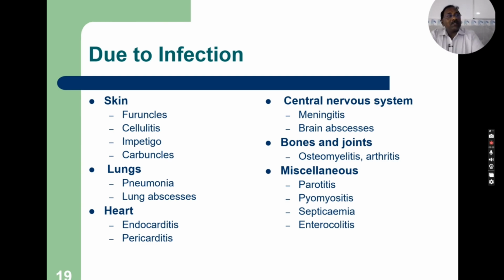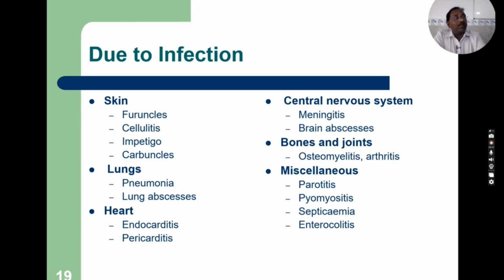In the central nervous system, mostly meningitis and sometimes brain abscesses, raised intracranial tension, maybe death is also there because of uncontrolled brain abscess and meningitis, and maybe thrombophlebitis, vasculitis. These are all very common.